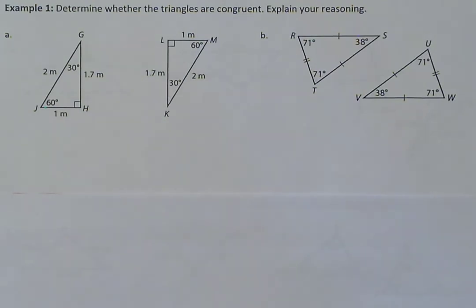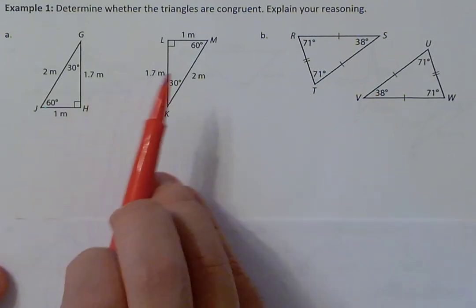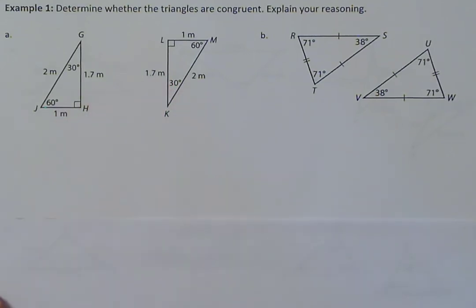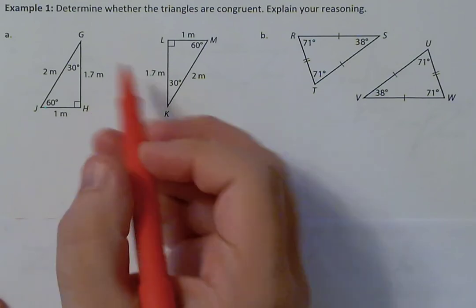So how you're going to go through and do this is you have to determine if all the angles have a matching pair and if all the sides have a matching pair from this triangle to this one. So I'm going to start out with the angles and see if they do. It doesn't matter where you start.